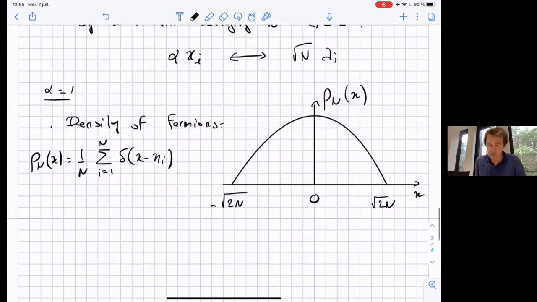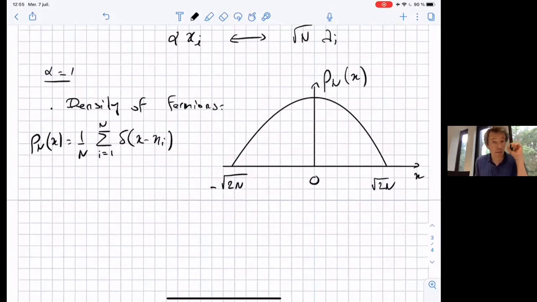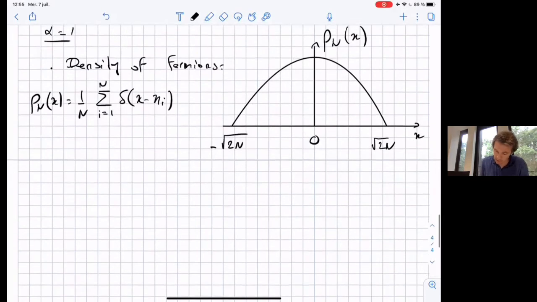Now, it turns out that for beta equals 2, we have much more, and we can explore all the correlation functions in this model in a very compact way, using the tools of determinantal point processes. So that's what I want to discuss now in a bit more detail.